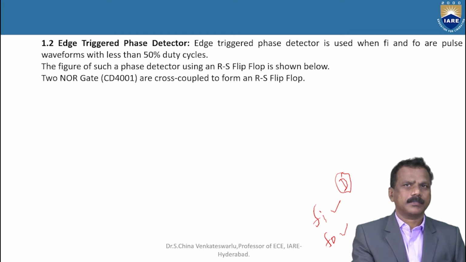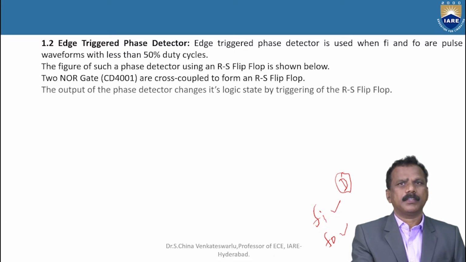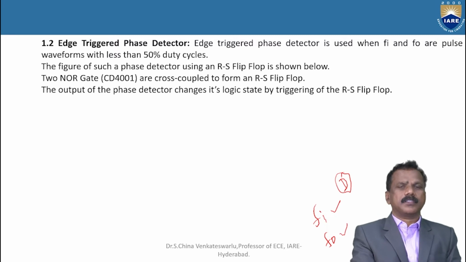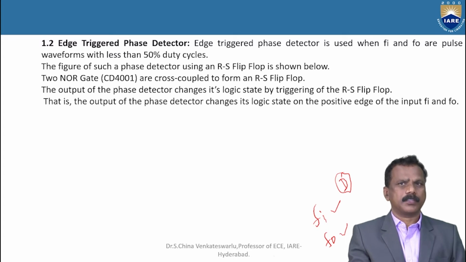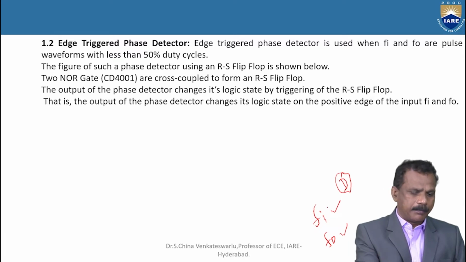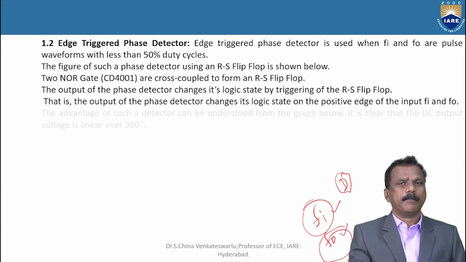Two NOR gates of type CD4001 are cross coupled to form an RS flip-flop. The output of the phase detector changes its logic state by triggering of the RS flip-flop. That is, the output of the phase detector changes its logic state on the positive edge of the input data Fi and F0.